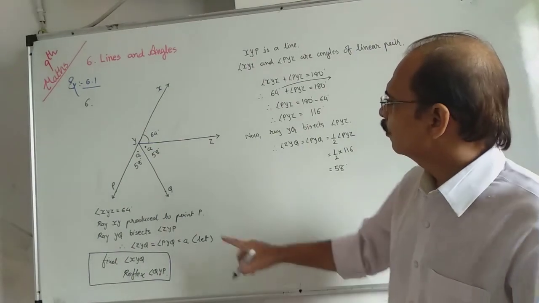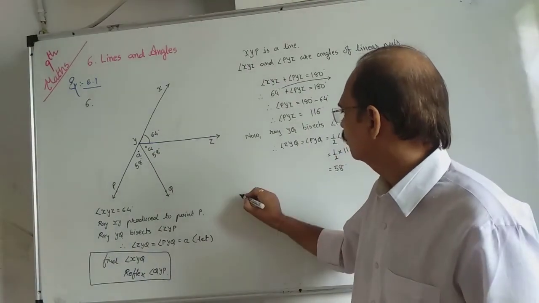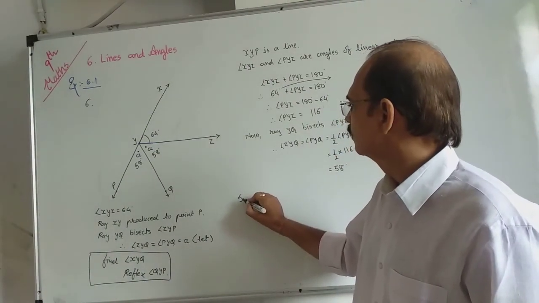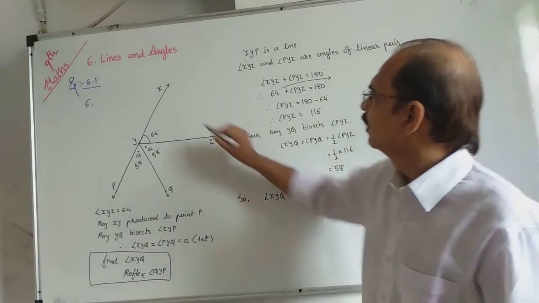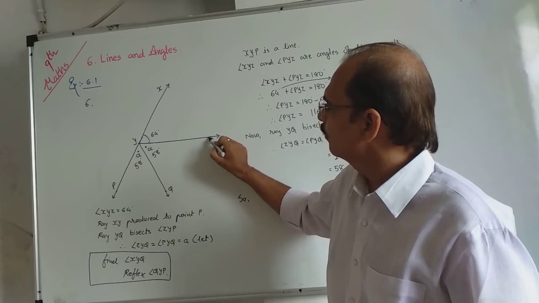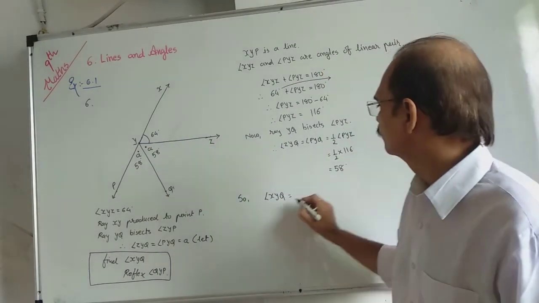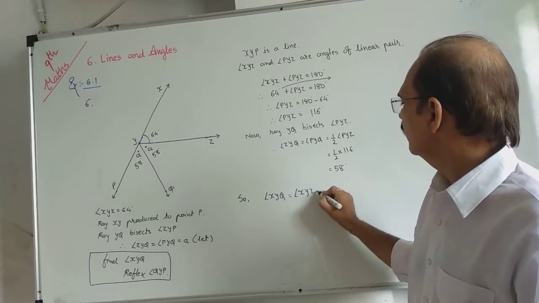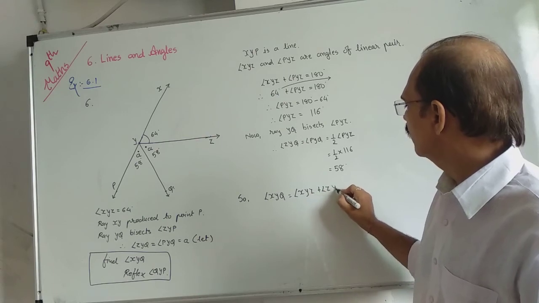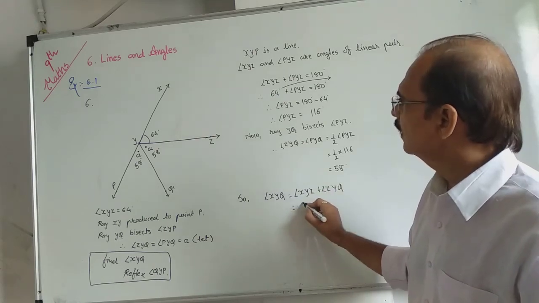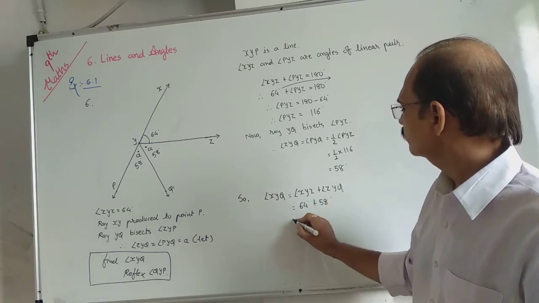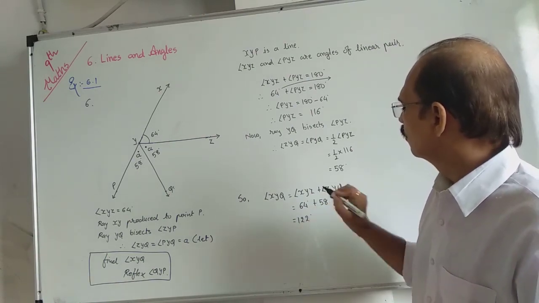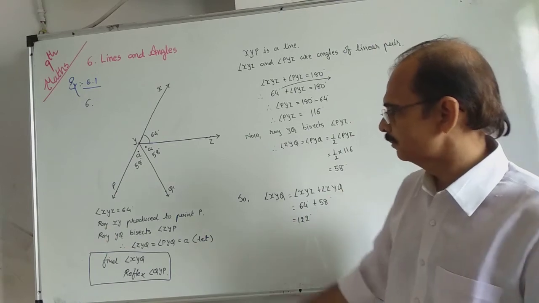Okay, we need to find what? XYQ. So angle XYQ equal to XYZ plus ZYQ. Angle XYZ is 64 plus 58, 122. First answer.